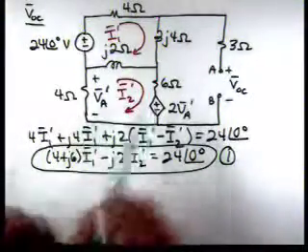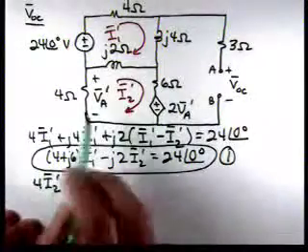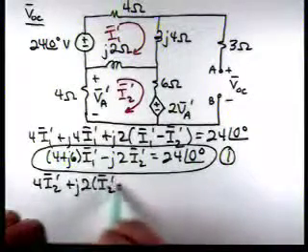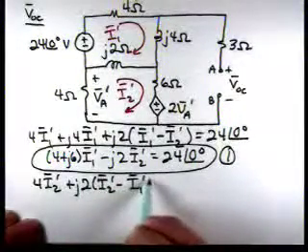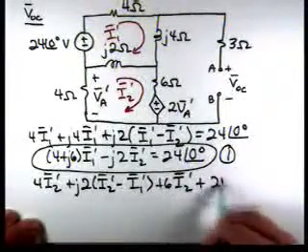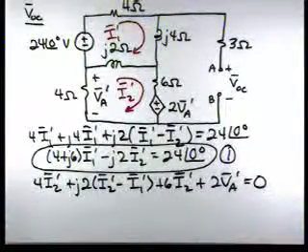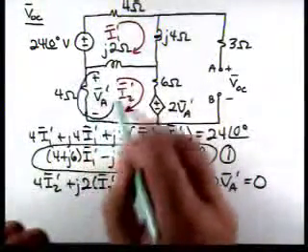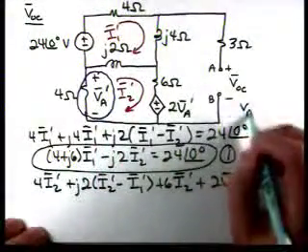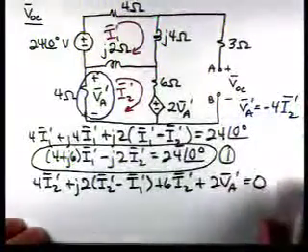Now, let's work on this mesh. We'll have 4 I2 prime, which is the drop across this resistor, plus J2 times I2 prime minus I1 prime, plus 6 I2 prime plus 2 VA prime equal to 0. Now if we look at our circuit, here's our controlling variable VA prime, and if we look at the orientation of voltage and current, VA prime is minus 4 I2 prime.